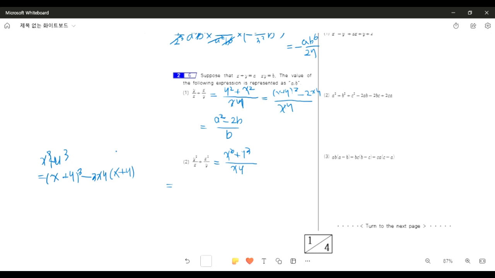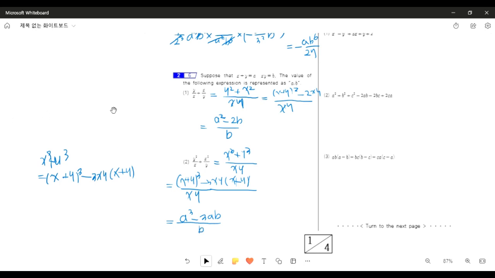So xy and x plus y cubed minus 3xy times x plus y. So a cubed minus 3ab divided by b.